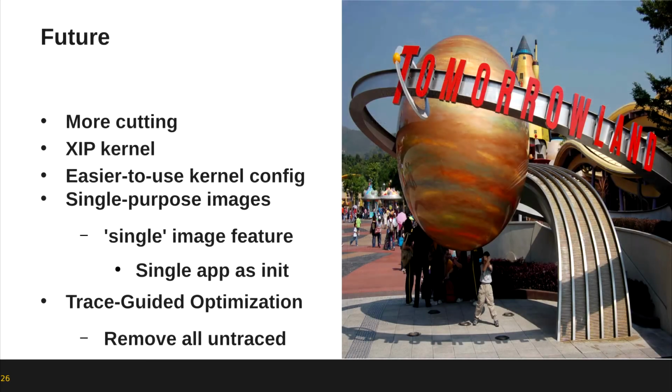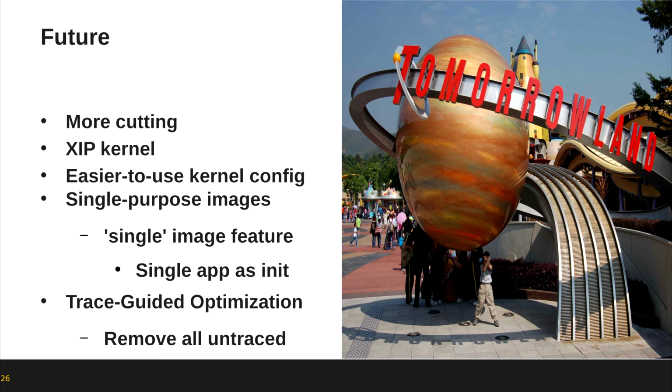Okay, so as far as the future goes, we plan to do a lot more cutting, just like I've described. Then there's XIP kernel, ARM and Blackfin. I already have something like this, but what I'm talking about here is for x86. There's someone on my team who's actually working on an XIP kernel.